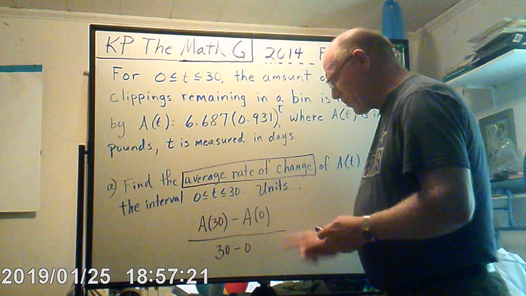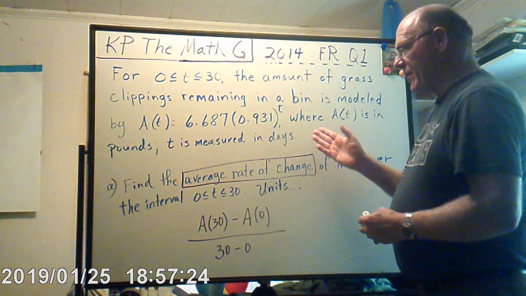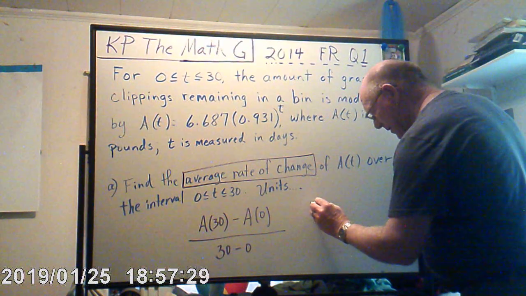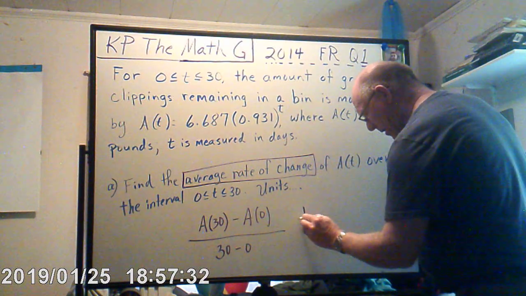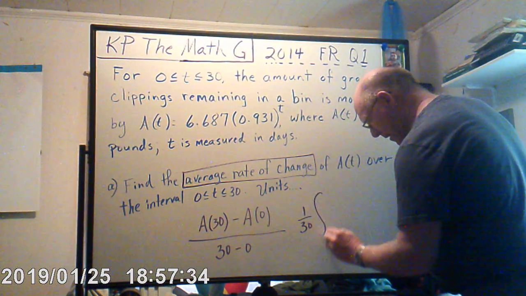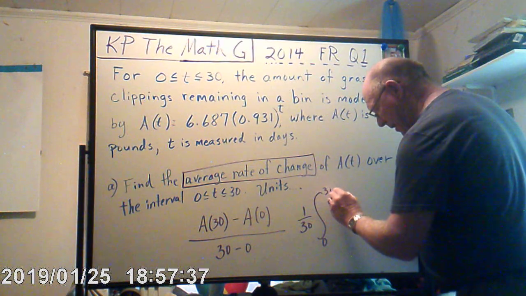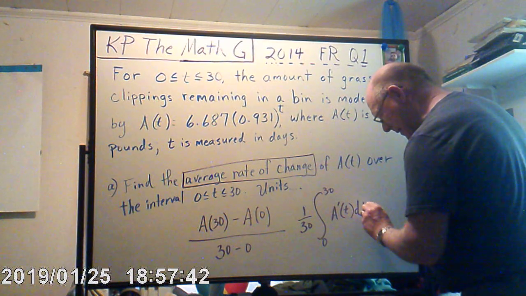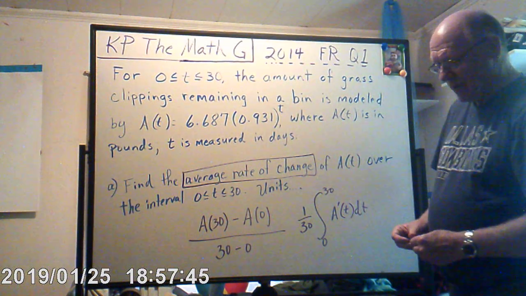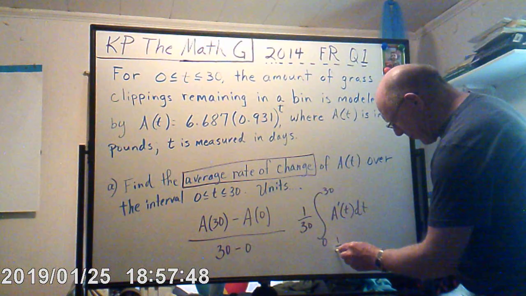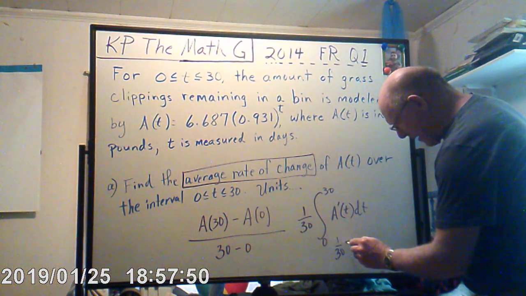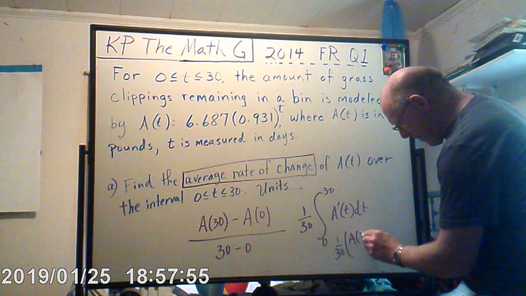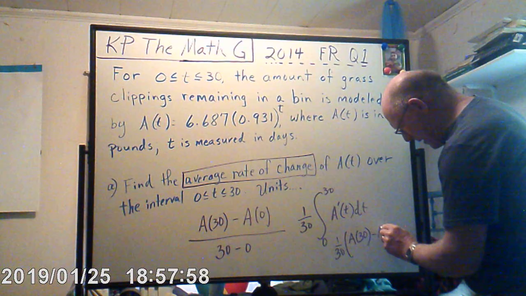That will always work. Now, if you can find the derivative of this, then you can do it like this: 1 over 30, integral from 0 to 30 of A prime at T dt. You would have to do it that way, and that would be 1 over 30 times A at 30 minus A at 0.